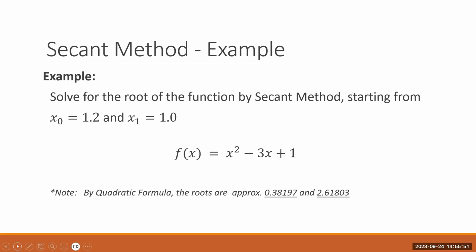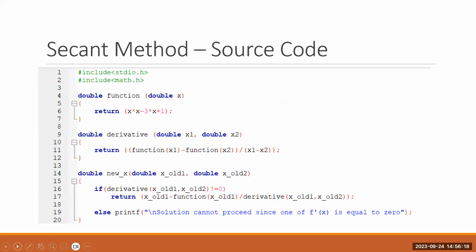We note that by using the quadratic formula, the roots are approximately 0.38197 and 2.61803. Since our initial values are within 1.2 and 1.0, our target root is 0.38197.